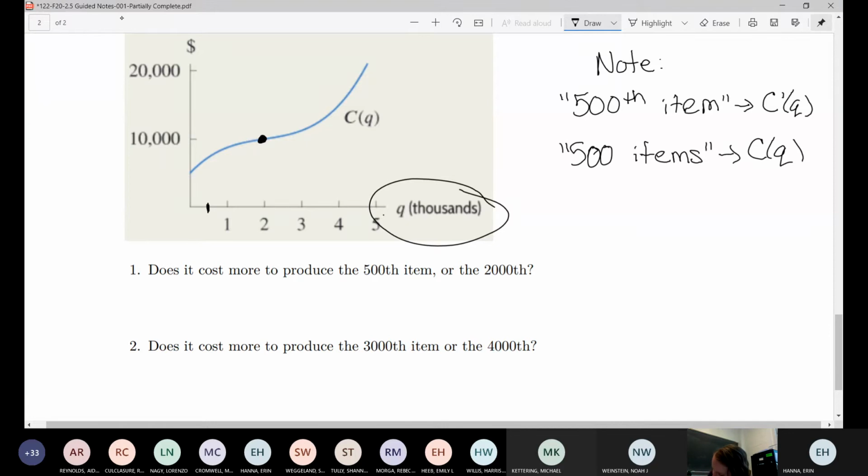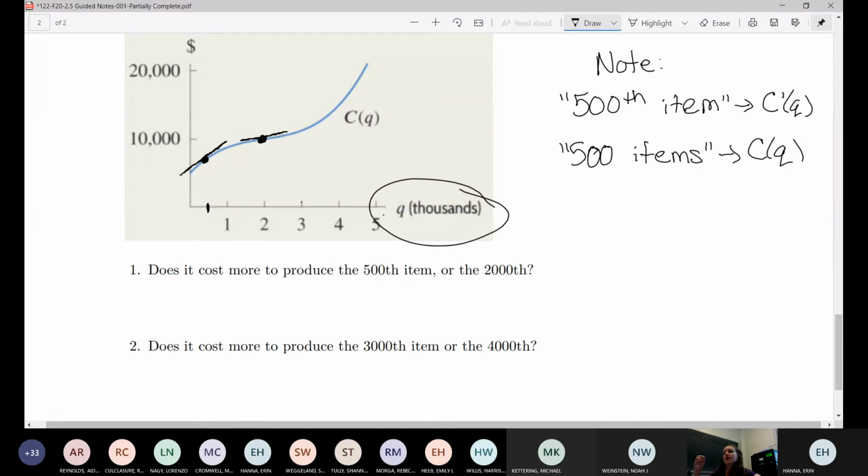But since we're talking about thousands, it's a bit different here. So if I draw a very bad tangent line here, you'd be looking at that for the 2000th item. And the 500th, well, we're looking at the 499th, but it's approximately right around there. And we're looking at the tangent line of that.